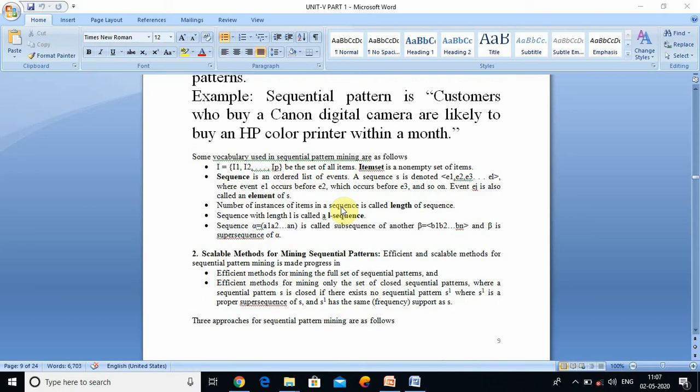Event Ej is also called an element of S. The number of instances of items in a sequence is called the length of the sequence. A sequence with length L is called an L-sequence. A sequence alpha, A1, A2 and so on to An, is called a subsequence of another sequence beta, B1, B2 and so on to Bm, and beta is a supersequence of alpha.